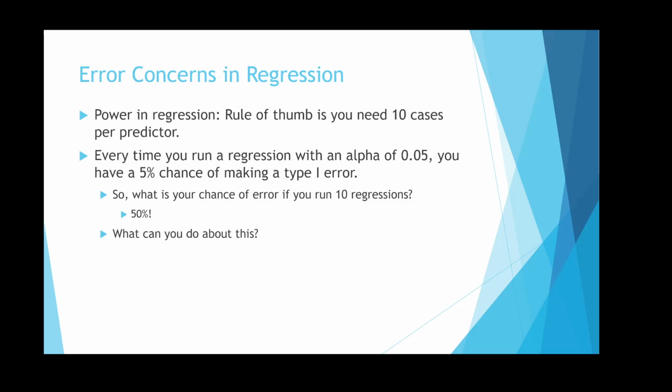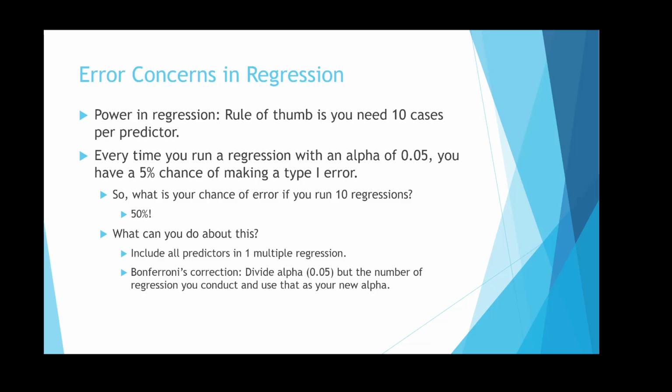So what do you do about this? Include all of your predictors in one multiple regression. Then you just have a 5% chance of error. That's it. So you want to do just one really big multiple regression. That's better than doing a bunch of small, simple linear regressions where you have a 5% chance of error every single time.